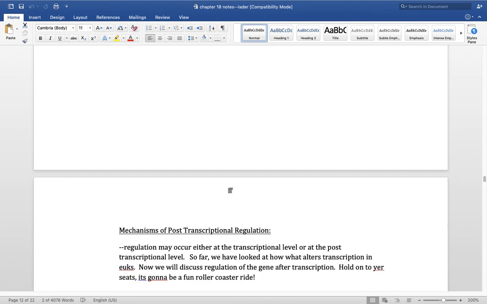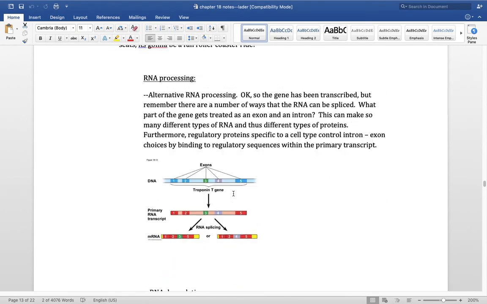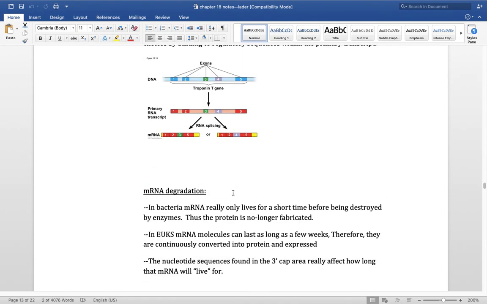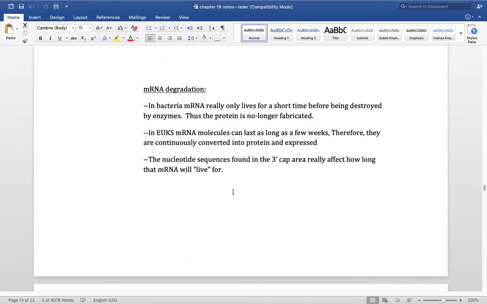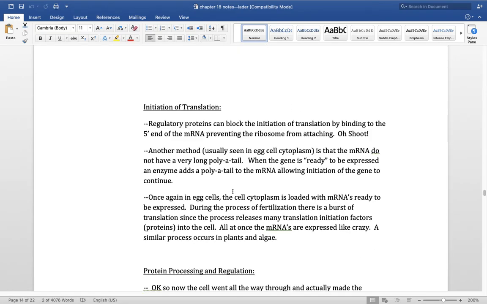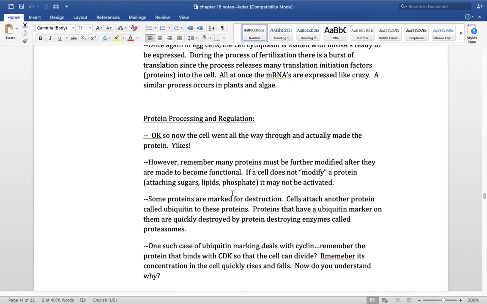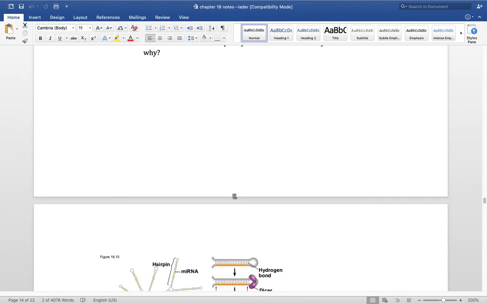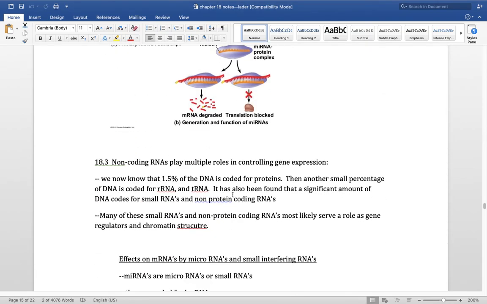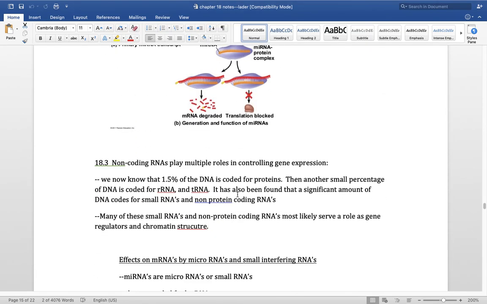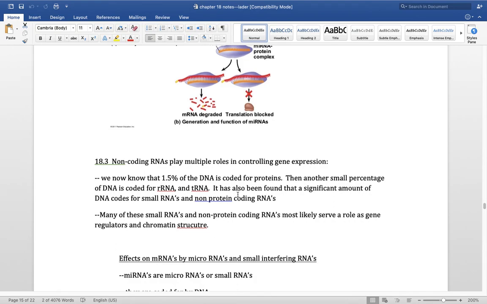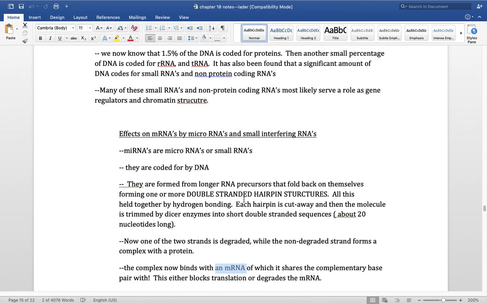After transcription, such as RNA processing, or degrading it with enzymes, or I can block translation. I can regulate the protein after making the protein. I can modify it, or I can tag it for destruction. I can interfere with the mRNA as well, meaning mRNA is made, I can tear it up. I can block it from being read.